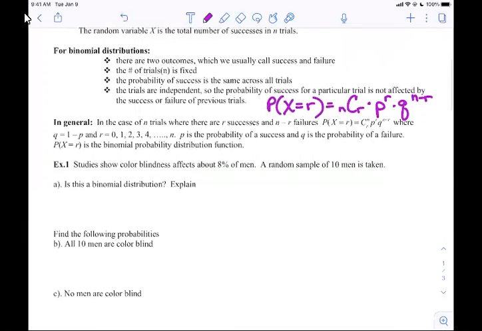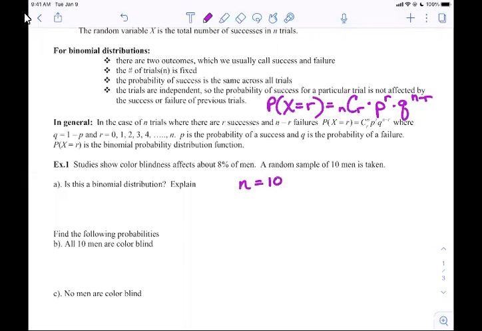So let's look at example 1. It says studies show color blindness affects about 8% of men. A random sample of 10 men is taken. Is this a binomial distribution? Well, are there 2 outcomes? Yes, you either have color blindness or you don't. Check. The number of trials is fixed. Well, the number of trials is 10. There's 10 men.